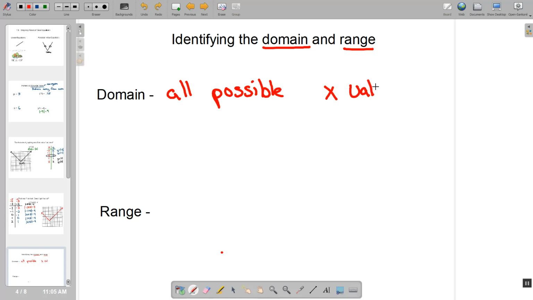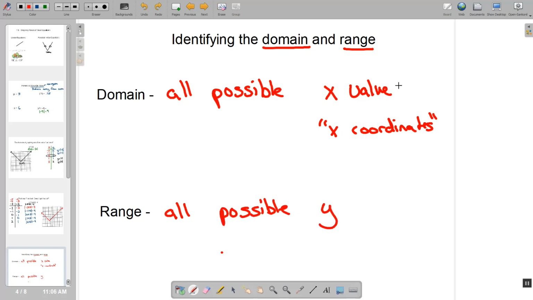All possible x values or x coordinates. The range is all possible y values or all possible y coordinates.